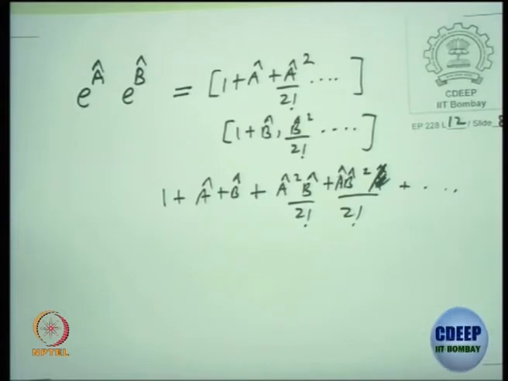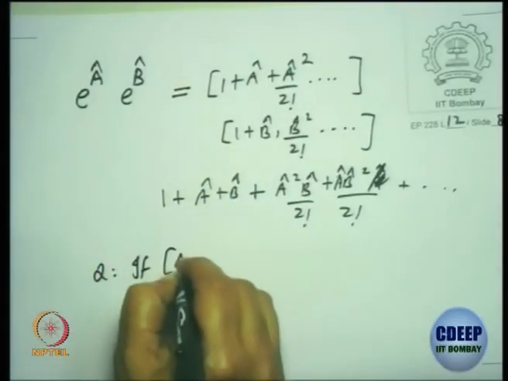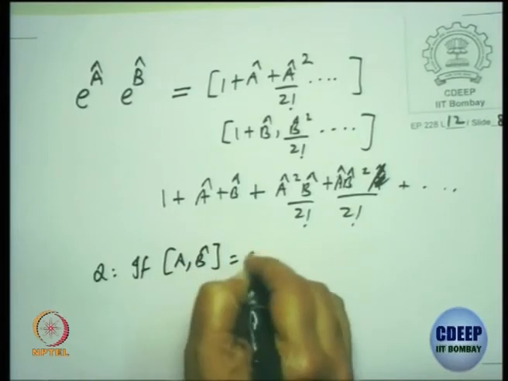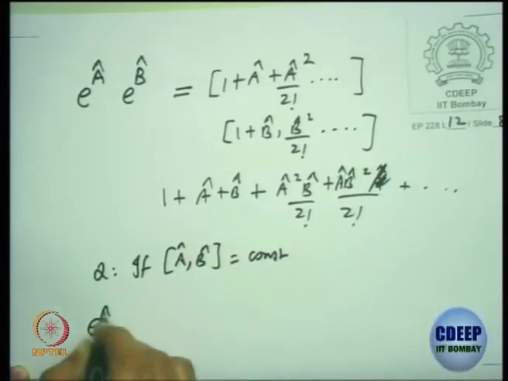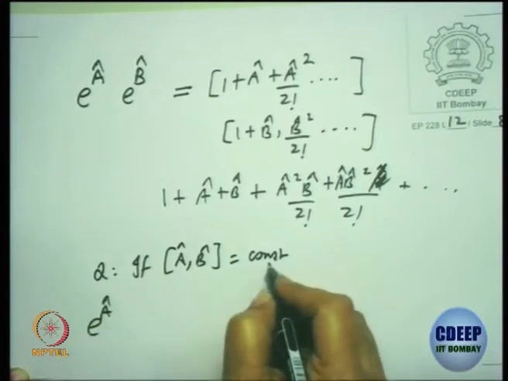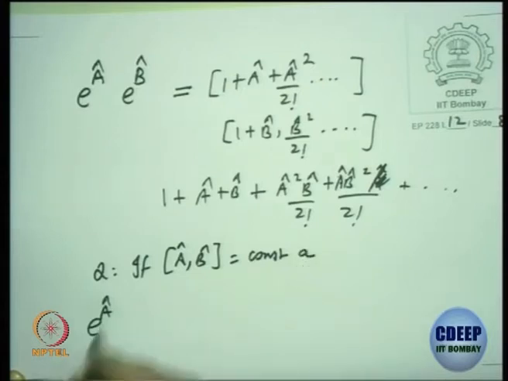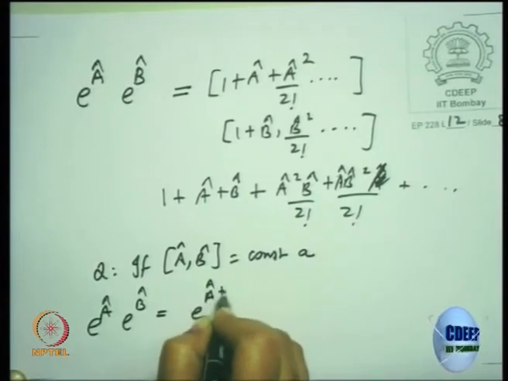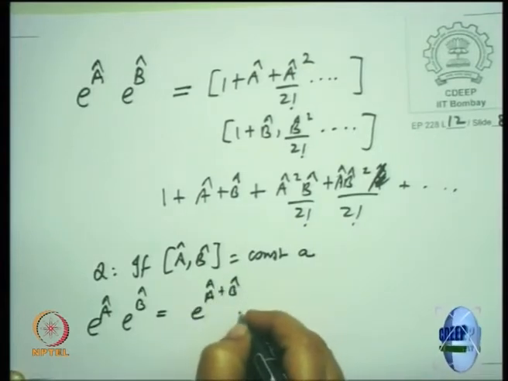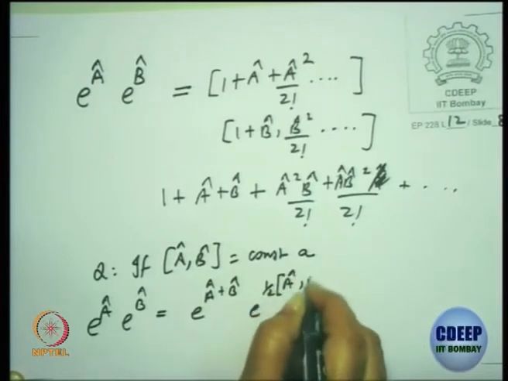Okay, so these are things which you can play around with and see what is happening. Question is, if the commutator of a and b is a constant, let's call that constant some number, then I think you can show this as e to the power of a plus b times e to the power of half of the commutator of a with b.